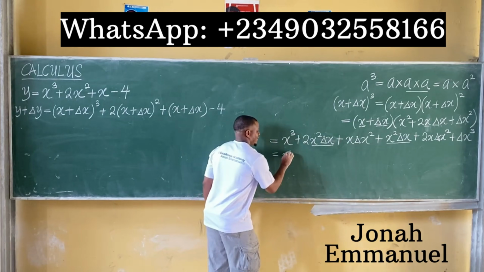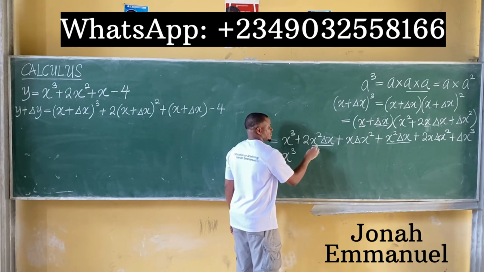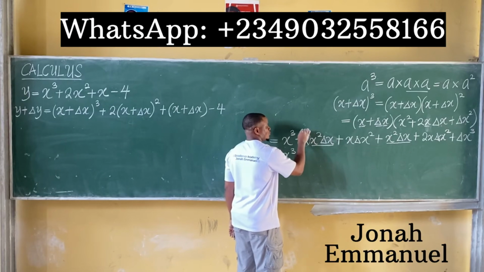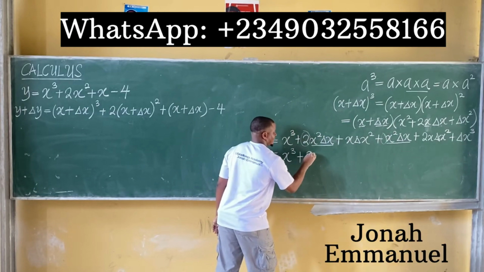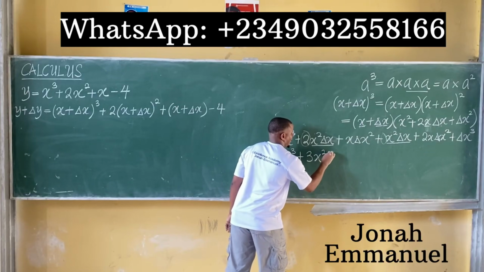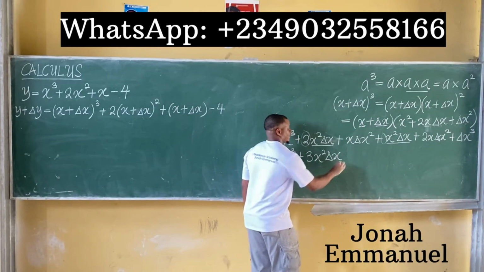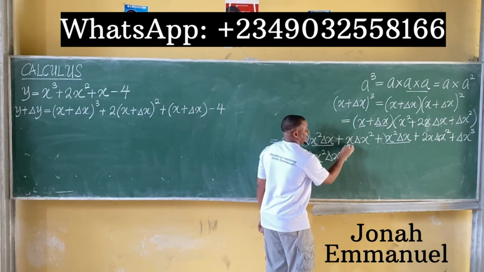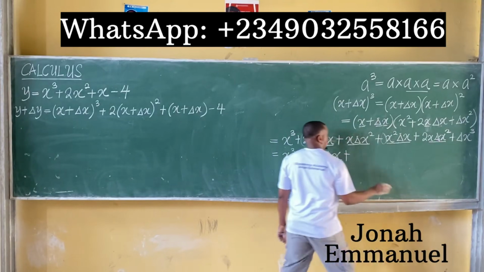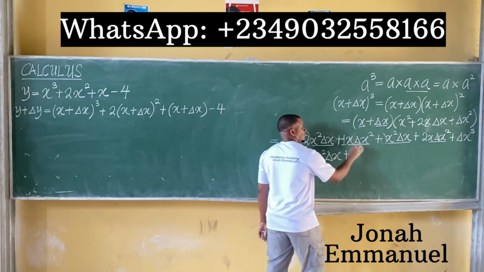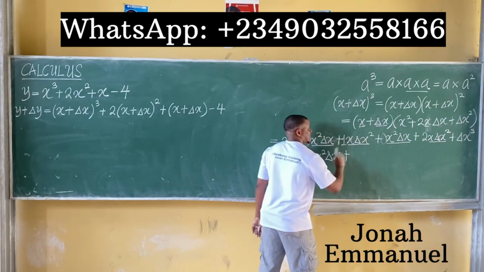What do you have here? x cubed. The number here is 2, the number here is 1. So 2 plus 1 gives you 3x squared change in x. Plus, please check, do you have any x change in x squared term? Yeah, that's the one here. What's the number here? So add them. What do you have there?